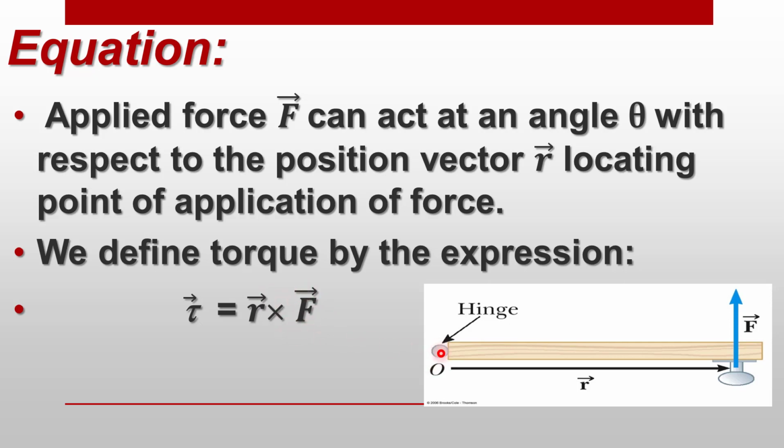The distance between the point about which the object is rotating and the point where the force is applied. We have already discussed the cross product, so we can write this equation as tau is equal to r F sine theta n hat. This n hat gives us the direction of tau, and r F sine theta is the magnitude of torque.